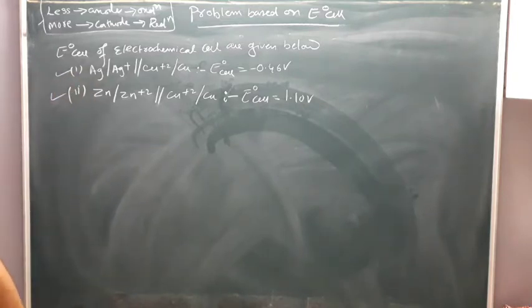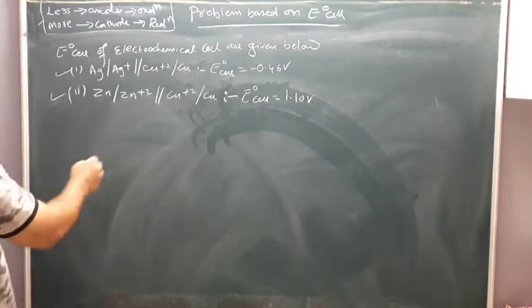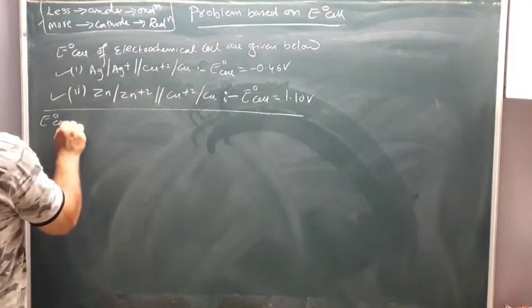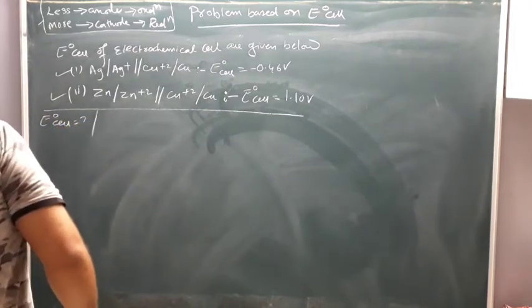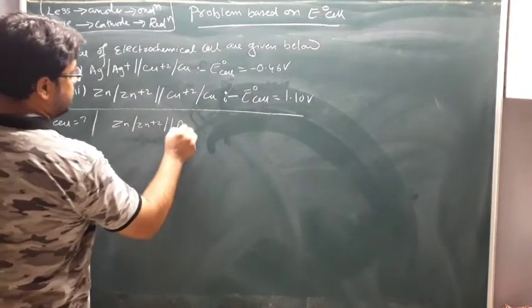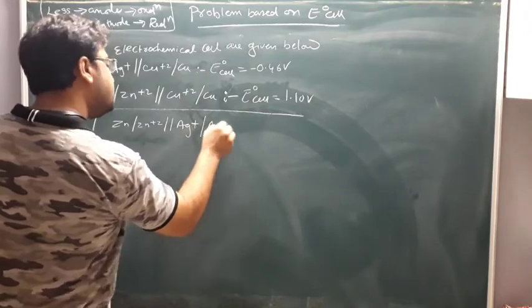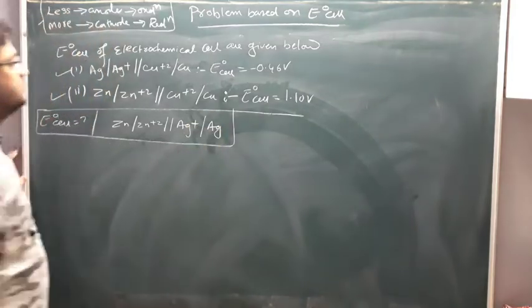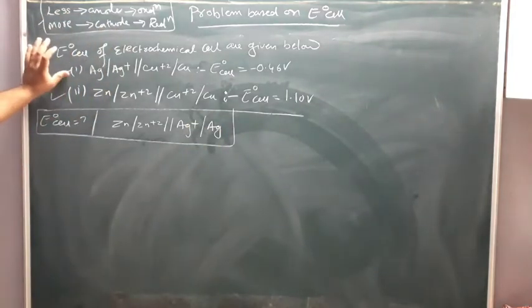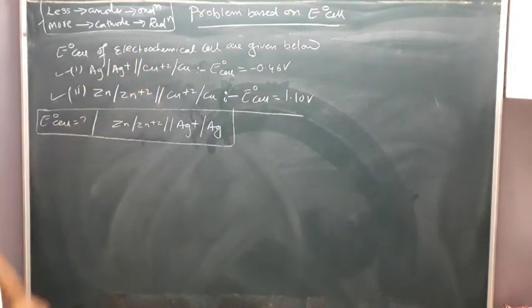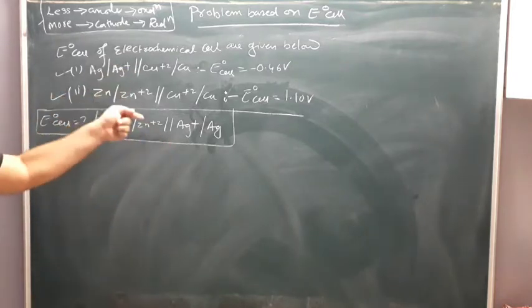And then they ask you to calculate using this information, meaning using these two pieces of information we have to calculate E0 cell for Zn/Zn plus 2 salt bridge Ag plus/Ag. So for each different electrochemical cell they have given the E0 cell value, and then they ask you to find the E0 cell for this cell using these two.